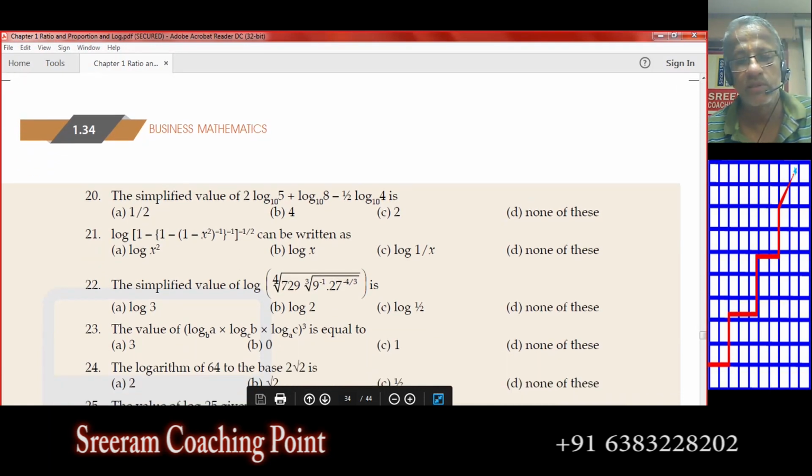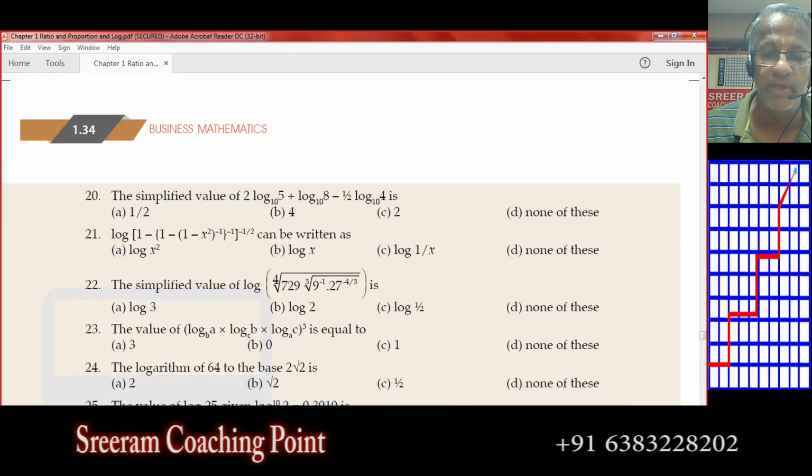Log of 1 minus (1 minus (1 minus x squared) to the power minus 1) to the power minus 1, whole to the power minus half, can be written as... I think we have just done this before, right? In indices we have done.